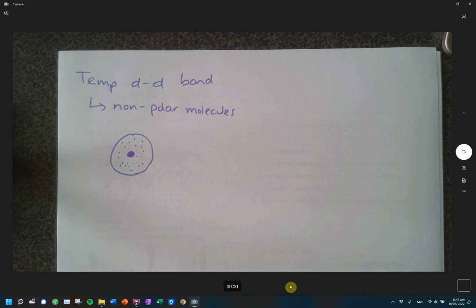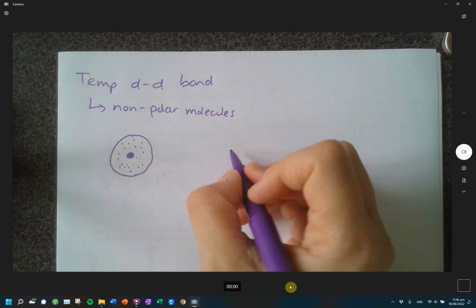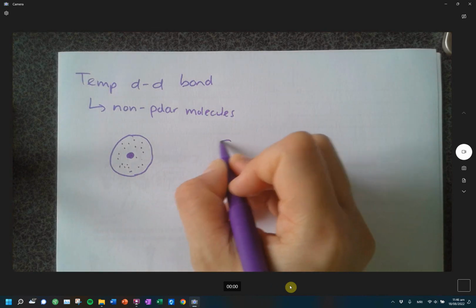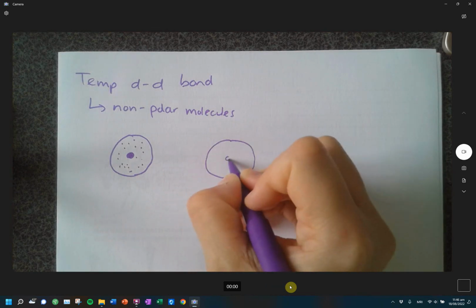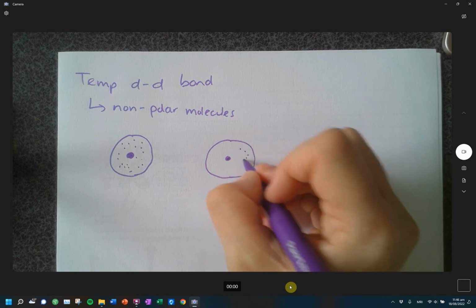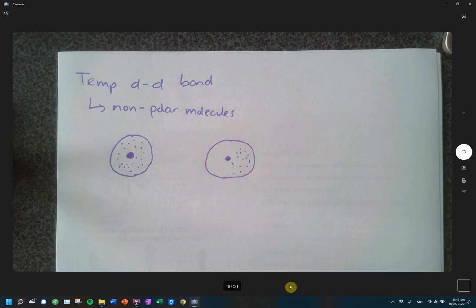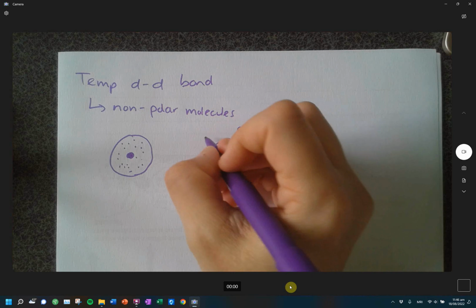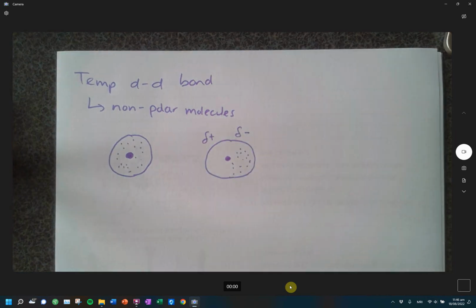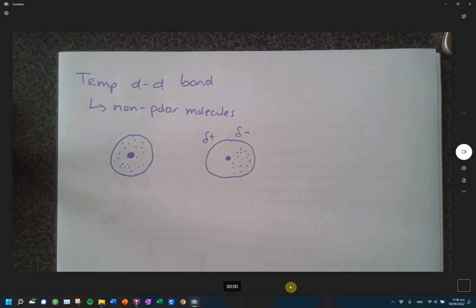Every so often, though, those electrons will cluster into one location, and it's going to make a temporary dipole. So with our atom or molecule, the electrons might cluster at one side every so often and then temporarily result in a dipole. So this is going to be slightly negative and that end will be slightly positive. And that's why we call them temporary dipoles, because they only happen every so often.